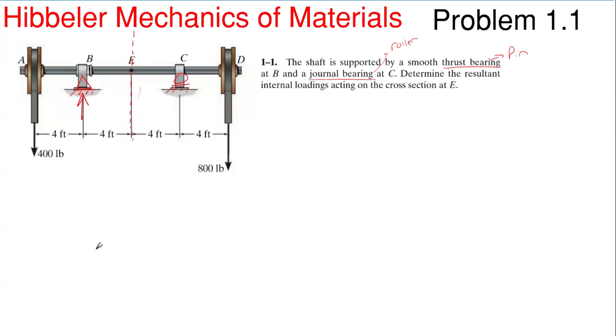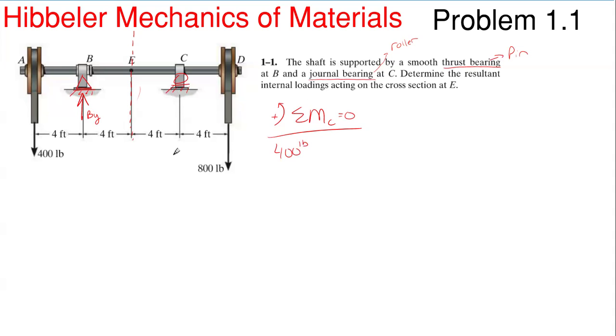So we're going to find the vertical reaction at B before we cut at E. So I'm going to take my moment at C equal to 0, and this will give me my static equilibrium in order to find my reaction here, which I'm just going to call BY for right now.